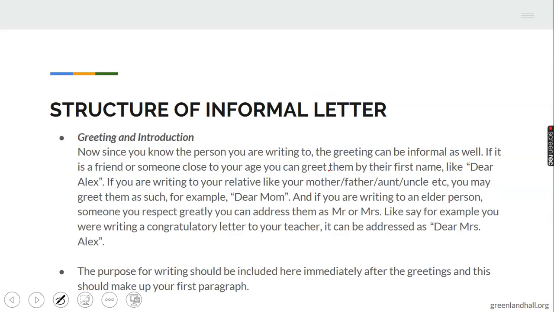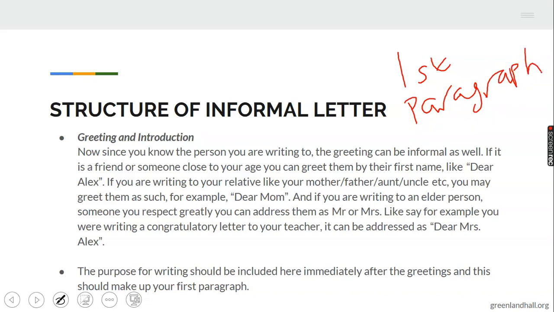Don't forget that. The purpose of writing should be included here, immediately after the greetings. And this should make up your first paragraph.